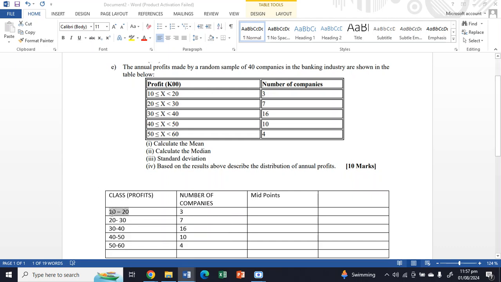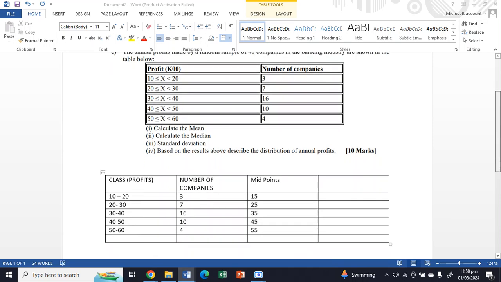So 20 plus 10, that is 30. 30 divided by 2, 15. 20 plus 30, that is 50. 50 divided by 2, 25. 30 plus 40, that is 70. 70 divided by 2, that is 35. And we can see the trend here, we're just adding tens. The next midpoint is 45. The next midpoint is 55.